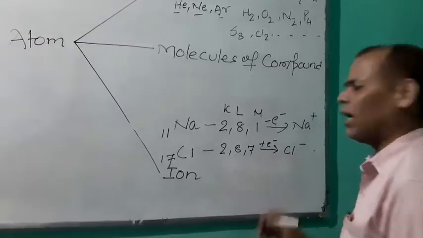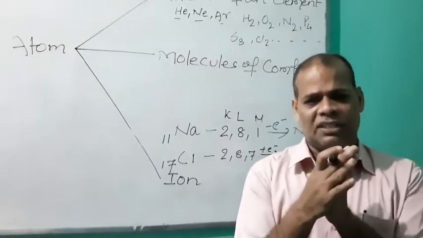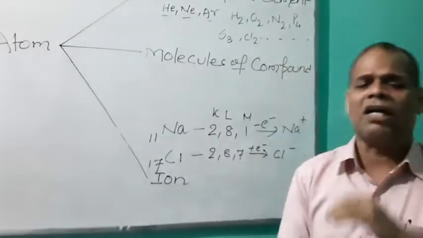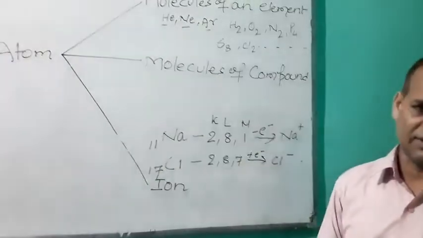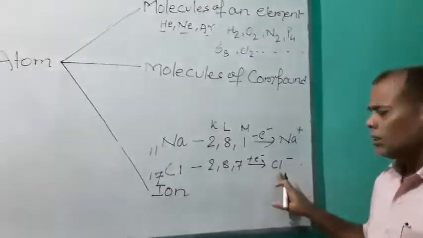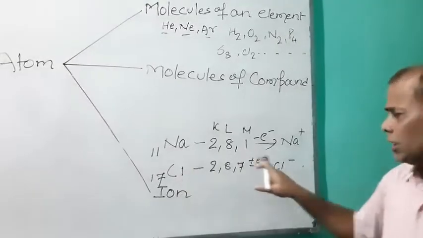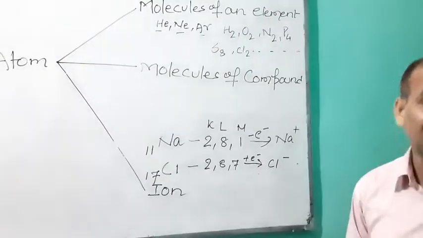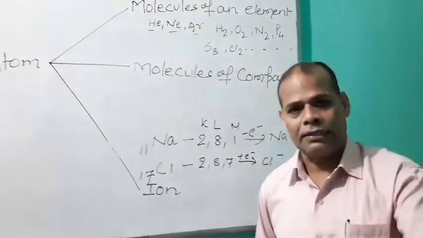After gaining one electron, it becomes Cl minus. This is a chlorine atom, and this is called a chloride ion.